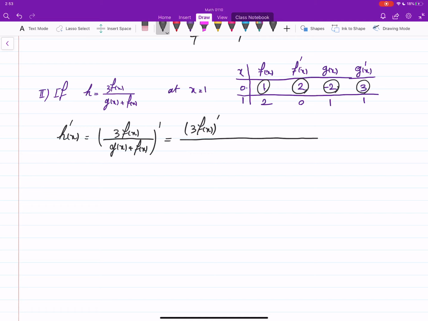Derivative of the numerator times the denominator minus the numerator itself times the derivative of the denominator, then denominator squared.